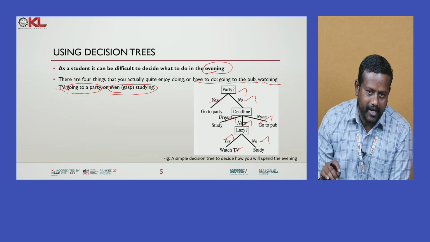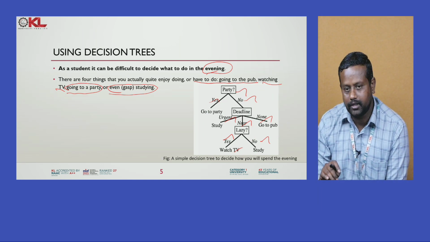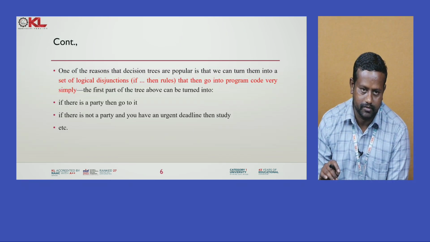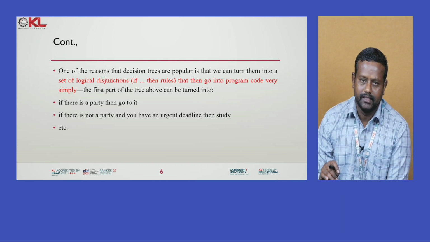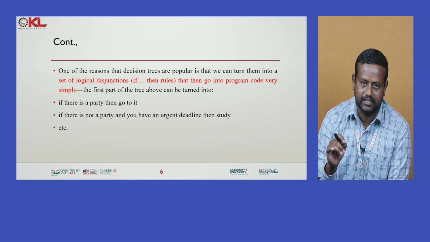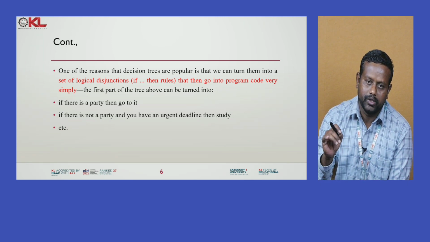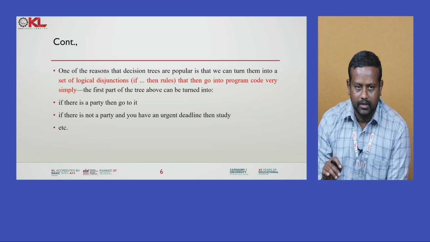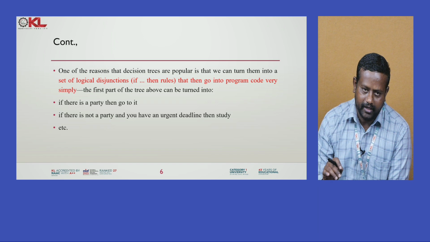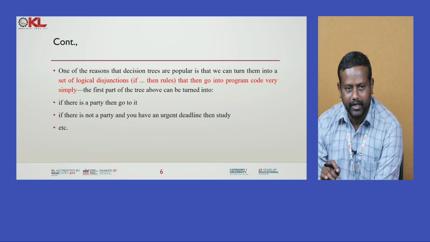So likewise, based on this decision tree concept, we can find the solution to any type of classification problem. One of the reasons that decision trees are popular is that we can turn them into a set of logical disjunctions that then go into the program code very simply. The first part of the tree above can be turned into a programmatic form.